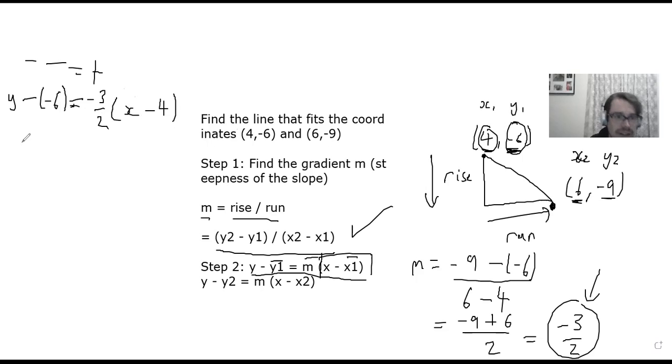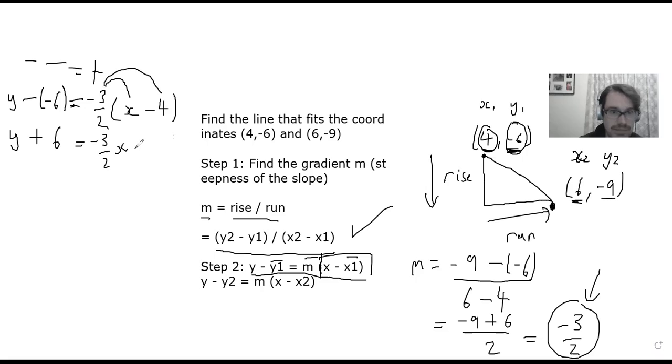Now we need to simplify that. 2 negatives become a positive, y plus 6. Now we're going to expand this. So the first part will be minus 3 on 2 times x, which is minus 3 on 2x. The second part will be minus 3 on 2 times minus 4.